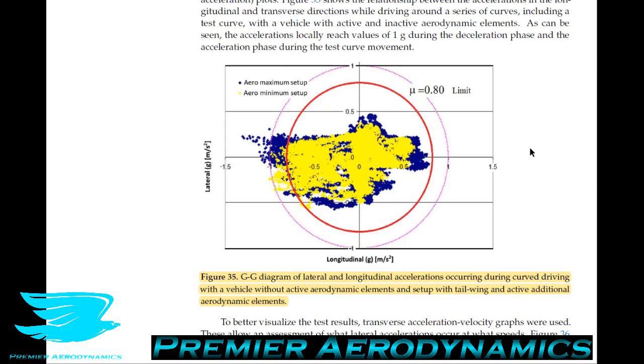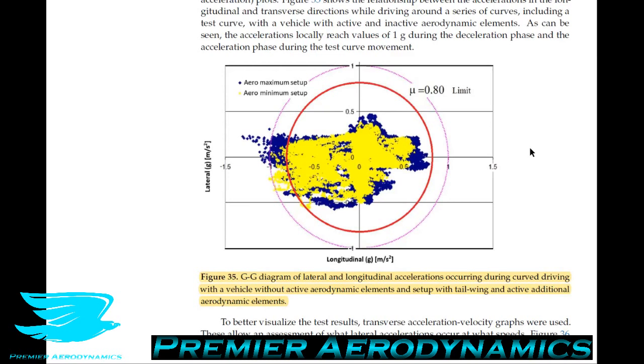So overall, the longitudinal g-forces don't really change too much. For the minimum aero setup, the greatest g-forces that it was pulling in the longitudinal direction were like minus 0.5 to 0.35 perhaps. In the maximum aero setup, there's a little bit of an increase, like it's minus 0.6 to 0.5, so maybe a 10%, 20% increase there.